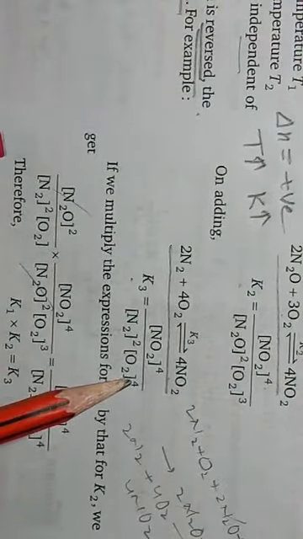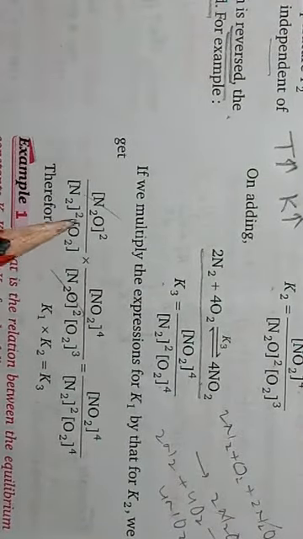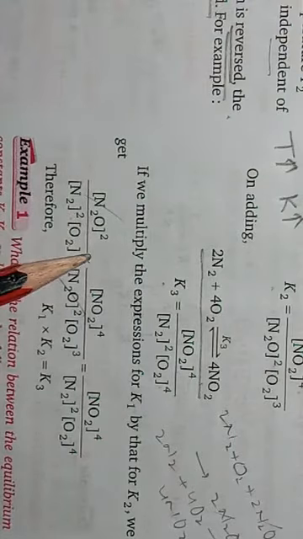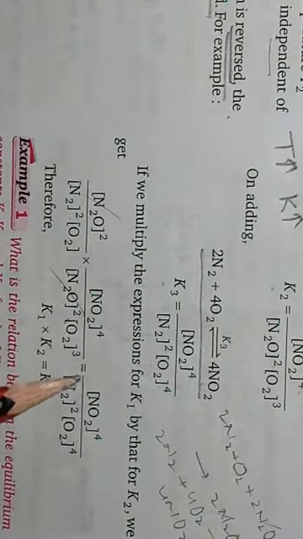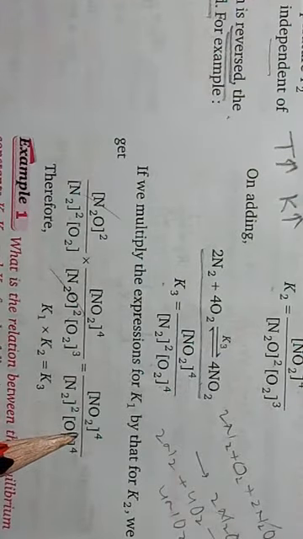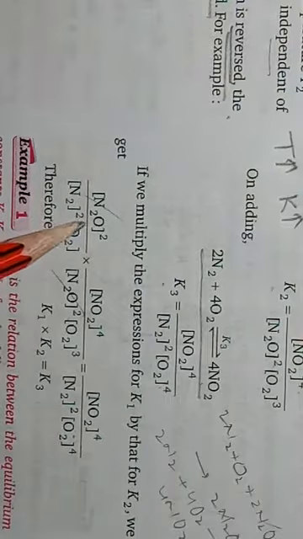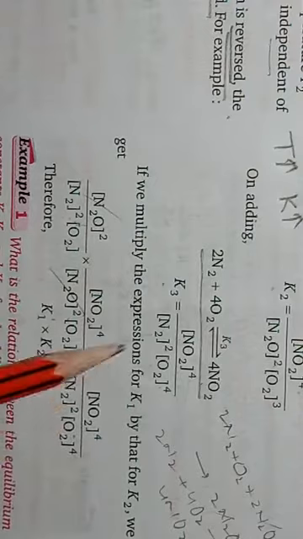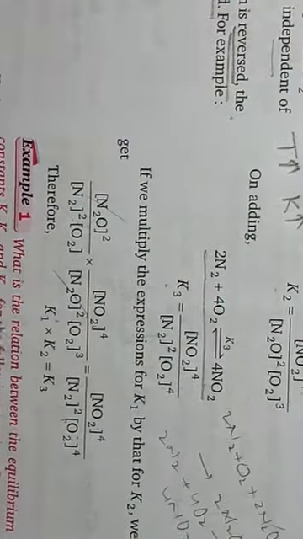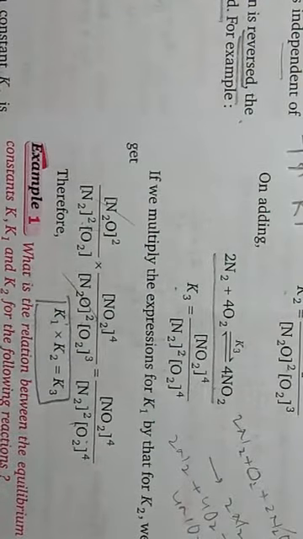So you can see that the value of K1 into the value of K2 will be equal to the value of K3. This is K1, this is K2, and this will be equal to K3. So K1 into K2 equals K3.